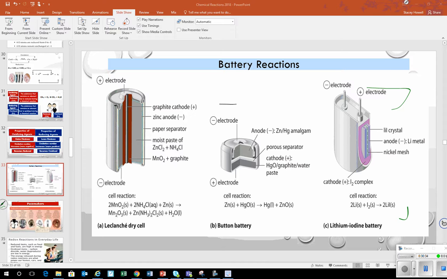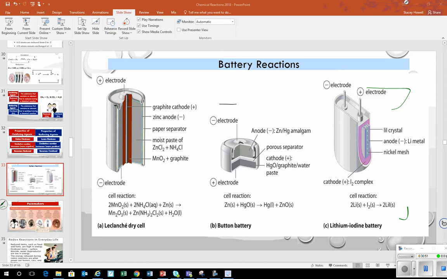It is a little bit different. Instead of going sideways this time, it's up and down, and you get the electricity going that way. The far battery is a phone battery, and you'll notice it's got some things going on here. The anode is lithium metal.